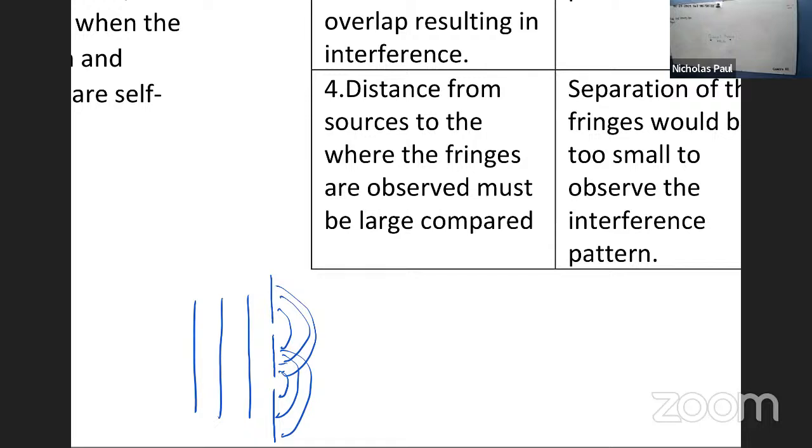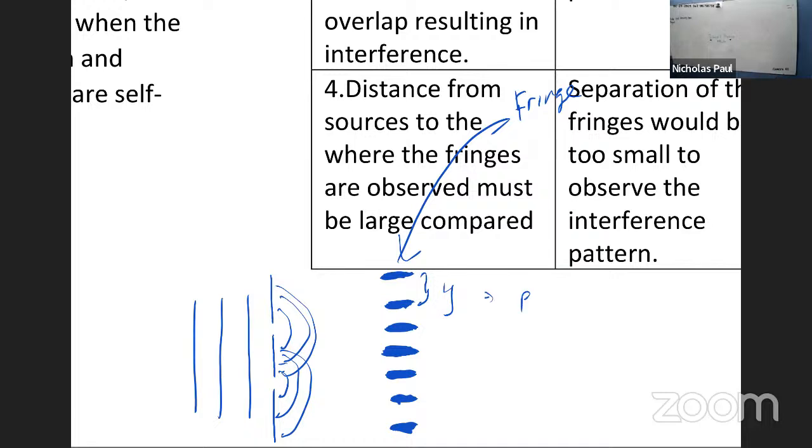Basically, you end up with something like this: a bright fringe with two dark around it, bright fringe again, dark, bright, dark, and so on. What you have here is a fringe pattern. And the separation between them is Y. Let's call Y the fringe separation.